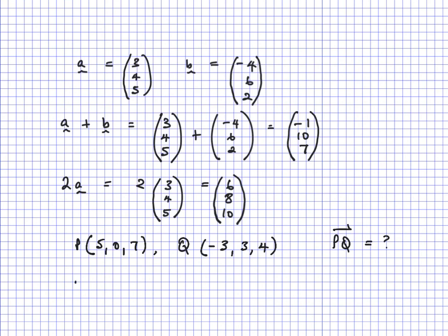Well, the position vector of P would be 5, 0, 7 as a column vector, and the position vector of Q would be minus 3, 3, 4.